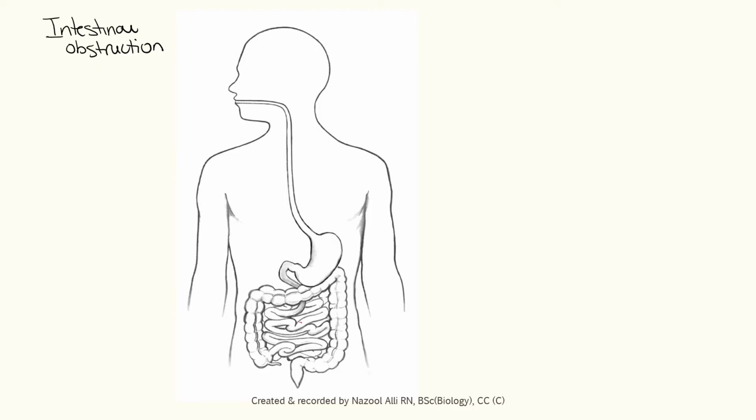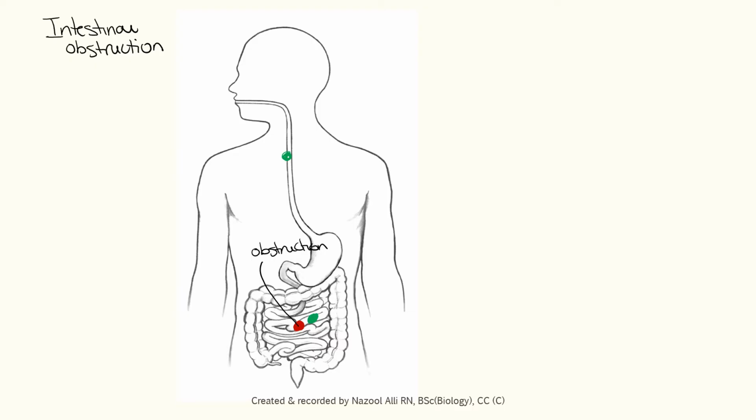So in this case, we're going to insert an obstruction point right here, and we're going to say that's our point of obstruction. So it could be a tumor, it could be an adhesion, a volvulus, intussusception, or something that's causing the obstruction to occur. Now this patient has just consumed food, and so that bolus of food is making its way down, and then it hits the point of the obstruction.